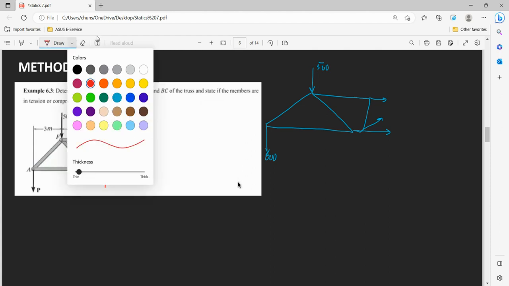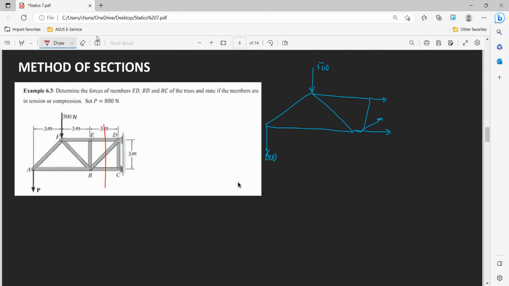And then for our right side, we have something like this. And we have support reactions from these two. So there's a roller at C. And then we have Dy, Dx, and Cx.